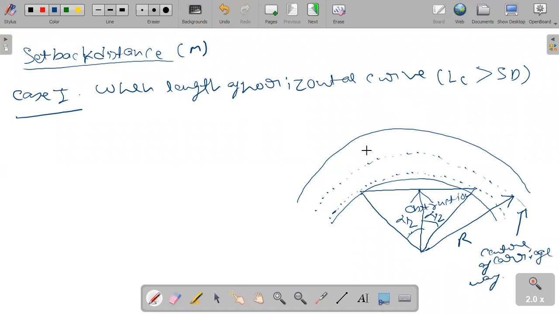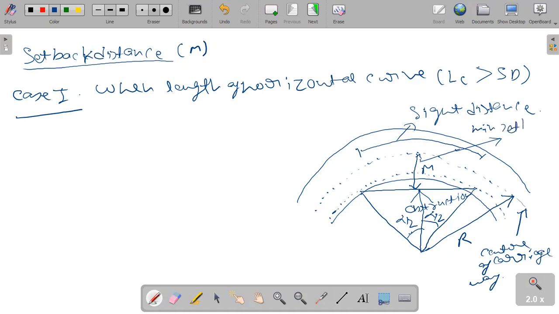And this is our sight distance from here to here. And look, this distance is our setback distance. It is the minimum setback distance.